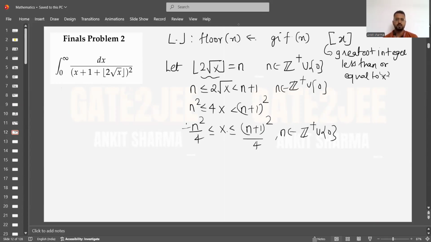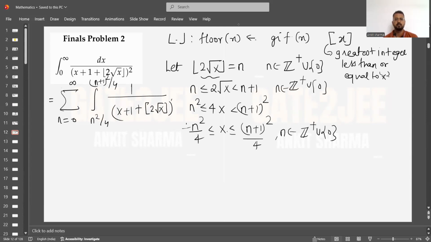For that purpose, I'll write a summation starting from 0 going to infinity, of the integral from n squared over 4 to n plus 1 the whole squared by 4, of 1 over x plus 1 plus the floor. Just for convenience, we'll write down the floor only, so that this gives a clear message.